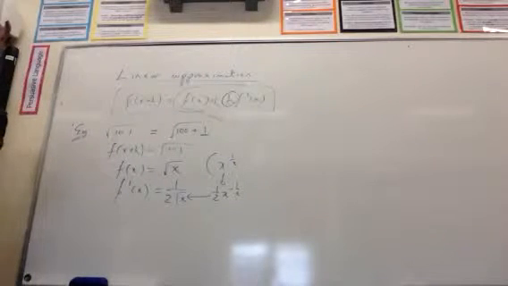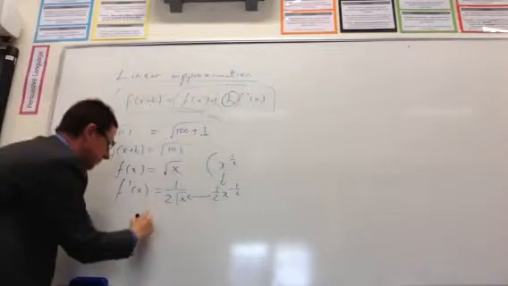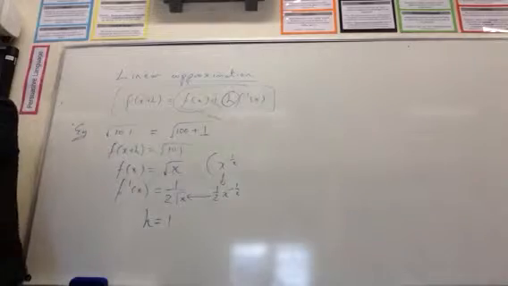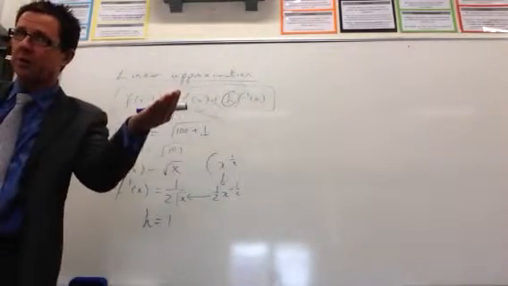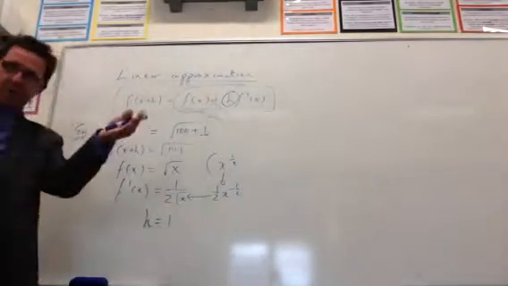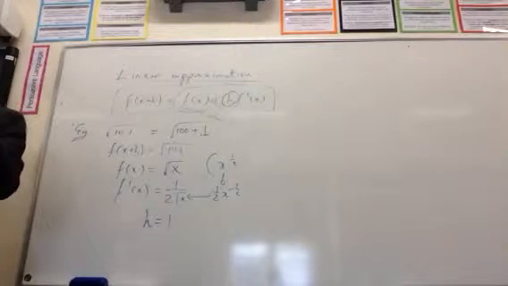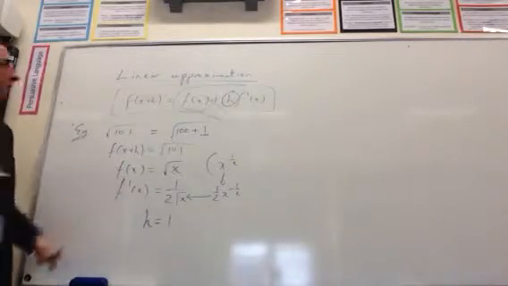The gap between the guy I know and the thing I want is just 1. So h is 1. It can be positive or negative. If I asked you to do square root 99, the closest guy I know is 100 minus 1. Does that make sense? So h is the gap, positive or negative, from the thing you know to what you want. So we know h, we know f dash of x, we know f of x.